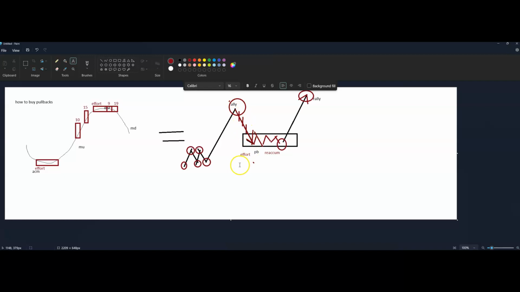Here on the pullback, supply is greater than demand. Here on the rally, demand is greater than supply. For the market to go from supply greater than demand to demand greater than supply, in the middle, there's usually effort.